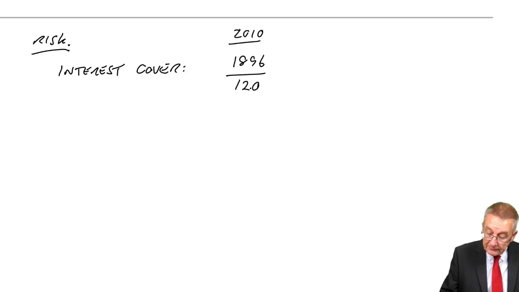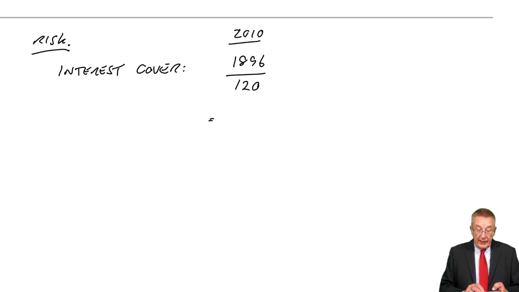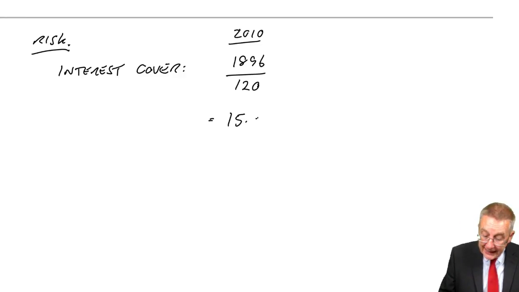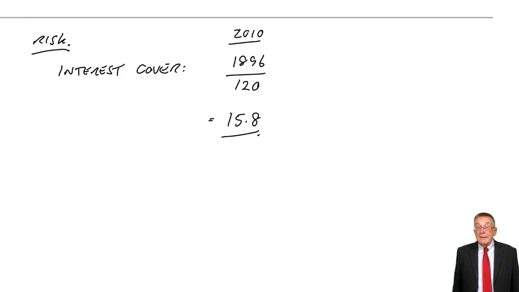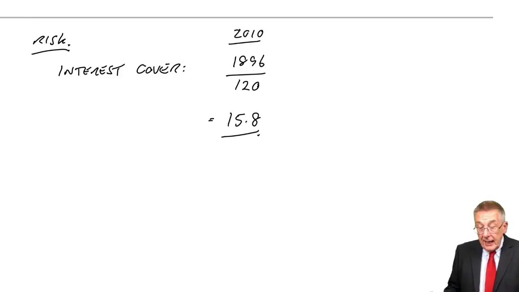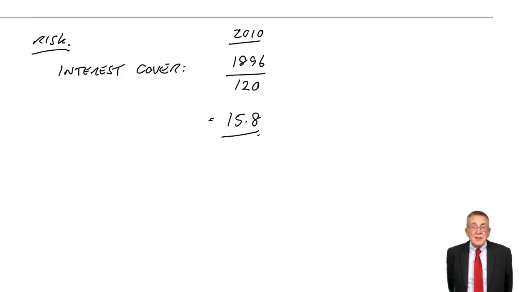So 120. And 1896 divided by 120 is 15.8. And what does that mean? We'll look at last year in a second, but it means that our profits before tax and interest are 16 times the interest.